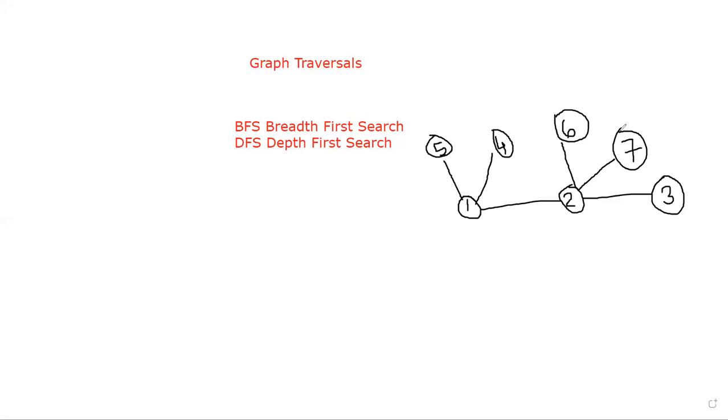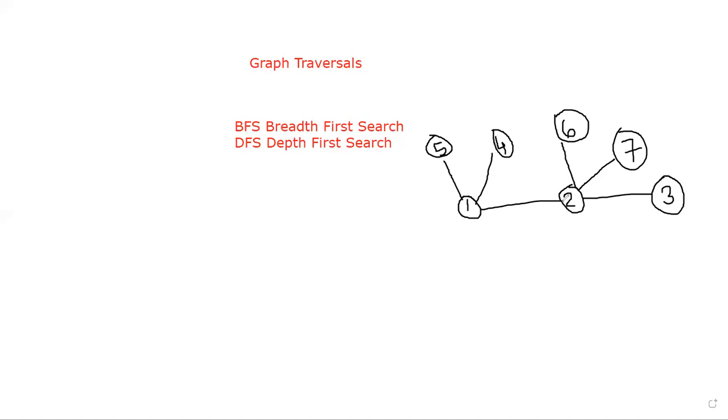Okay, and you can start the traversal from any of the nodes. If no starting point is given in the question, then you can start the traversal from any node.